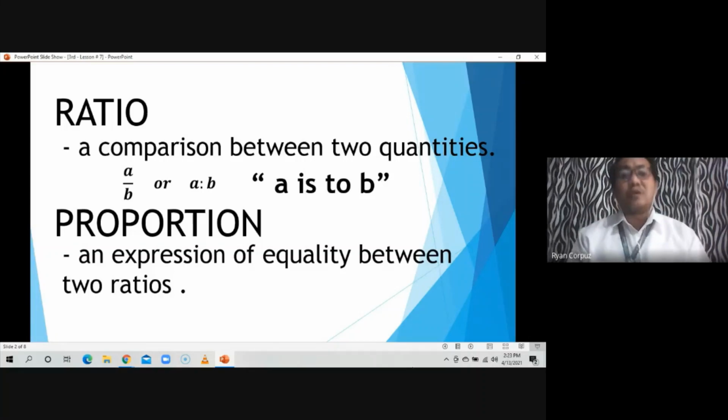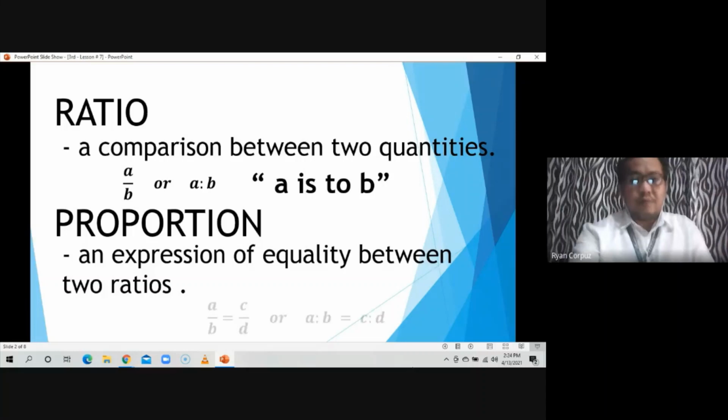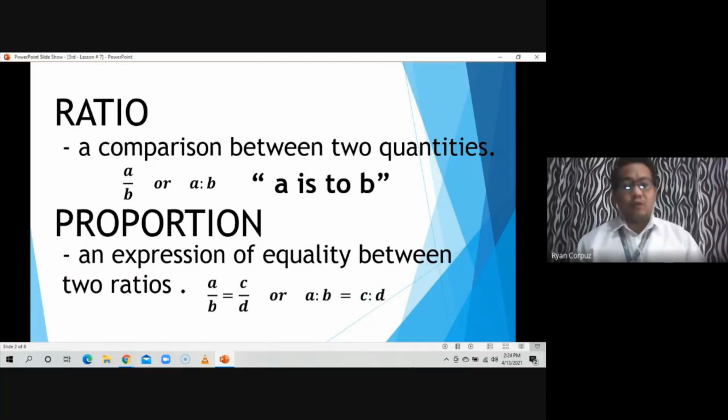So it's an equation. So expression of equality involving two ratios. So, paano yun? So, to come up with a proportion, parang ganito. If you do have A over B and C over D, and if you're going to equate them, you are going to form a proportion. An equation of equality between two ratios. Or it can be written in colon form as A is to B is equal to C is to D.